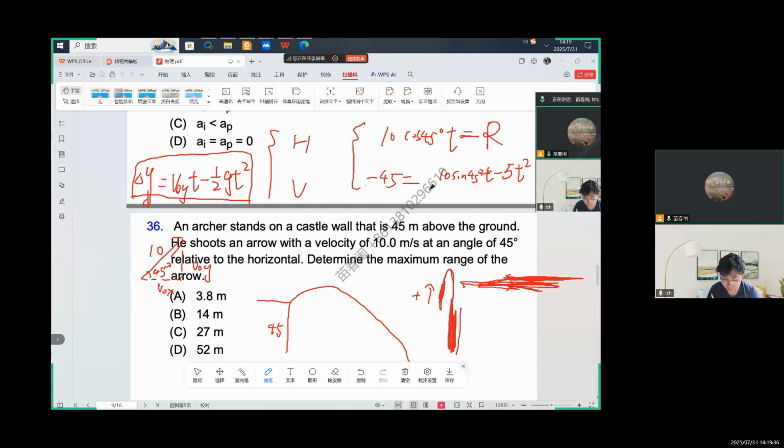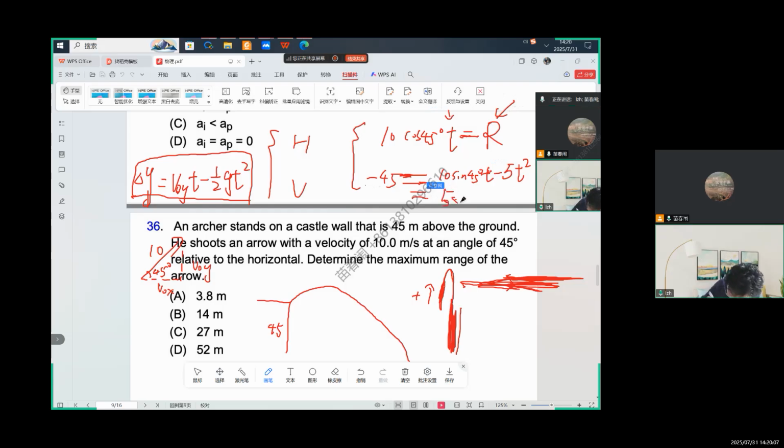I have two equations. Which one do you want to solve first? The top one, although it's easy, has two variables, so we can't solve it. So just the bottom one. Negative 45 equals 10 times root 2 over 2, that's just 5 root 2 times t, minus 5t squared.